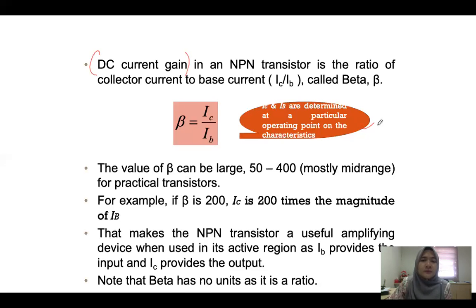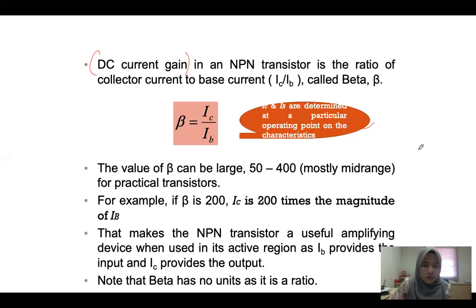Okay, so this value of beta can be large. The value is between 50 to 400, mostly mid-range for a practical transistor. For example, if beta is 200, IC is 200 times the magnitude of IB. Why?